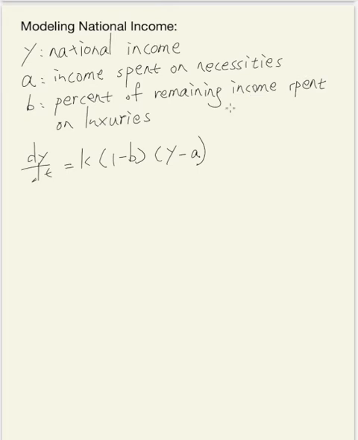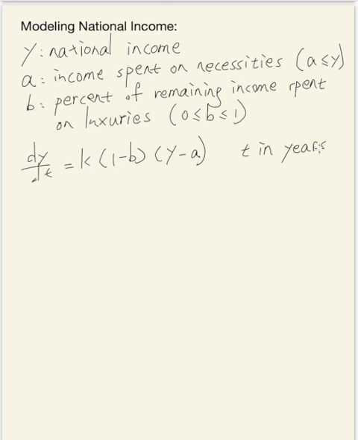So let's add the constraint: b is larger than or equal to 0 and smaller than or equal to 1. And again, a is income spent on necessities, so we're assuming that people don't raise debt here. That means a is smaller than or equal to y. So both of these terms are non-negative. In this model, t is measured in years.